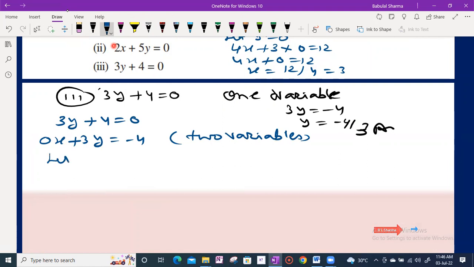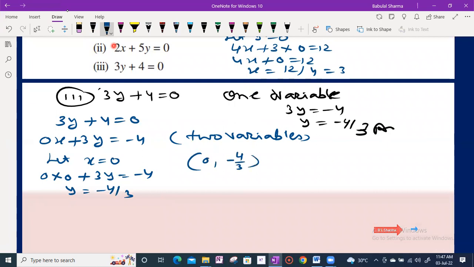Now let x is equal to 0. So we write 0 into 0 plus 3y is minus 4. So y is minus 4 upon 3. So one solution is (0, -4/3).